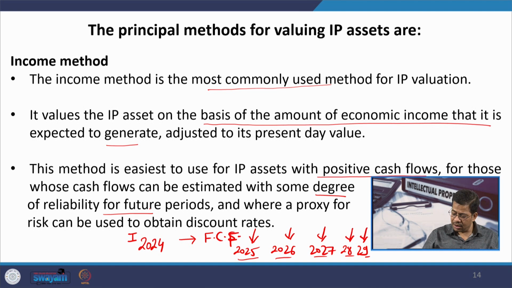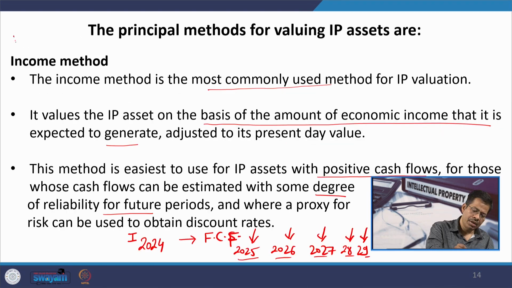You should also consider some factors of risk, because whatever estimations you are doing for future cash flows are not going to be perfect; there will be a risk component also. So, you can see how to evaluate that risk. You can take some proxy, some approximations, to get a suitable discount rate, so that you can get the net present value of your IP assets.